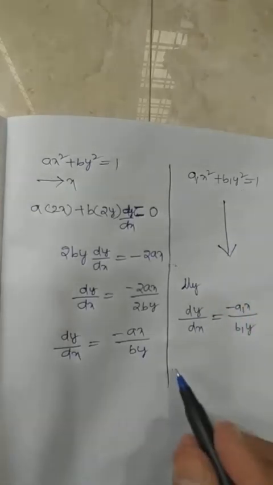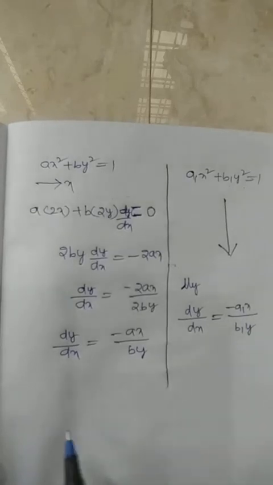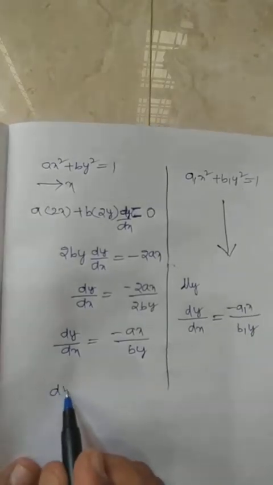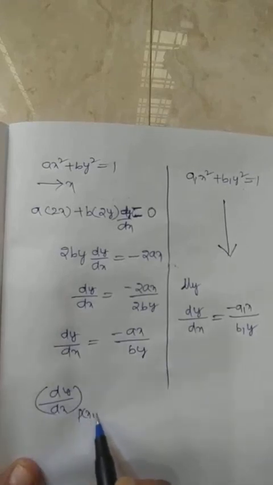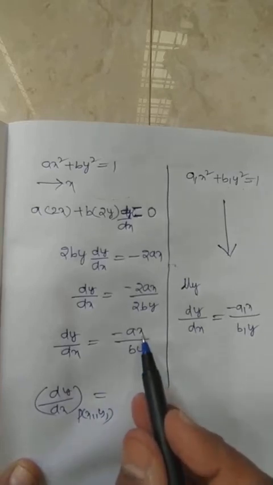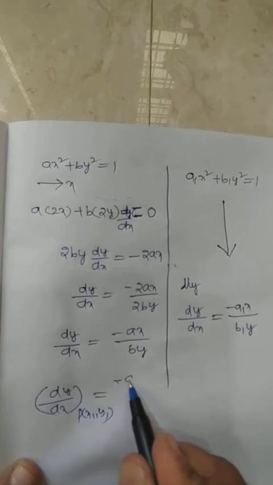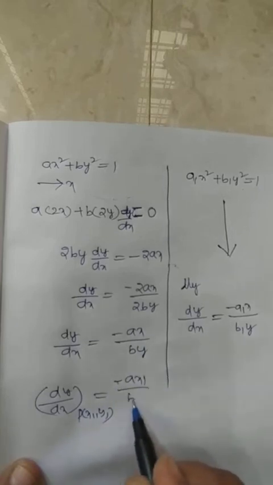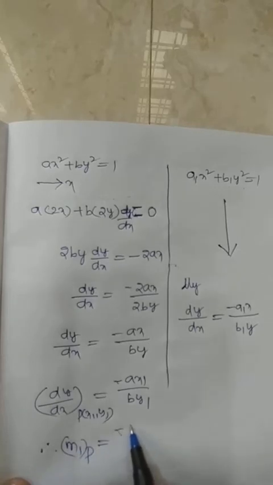So now at point p we have to find it. dy by dx for this curve at the point p of (x1, y1): in place of x I substitute x1, in place of y I substitute y1. I got minus ax1 by by1. It is none other than m1 at p, the slope of the tangent line to this curve at the point p of (x1, y1).